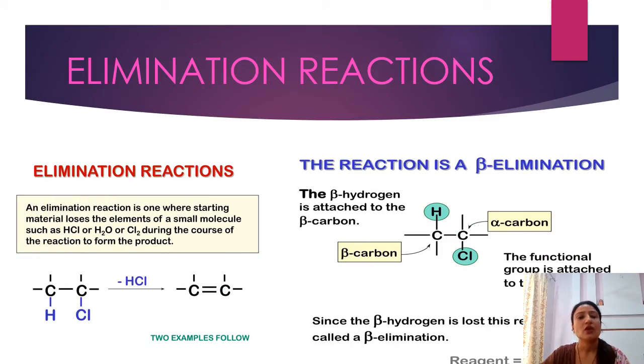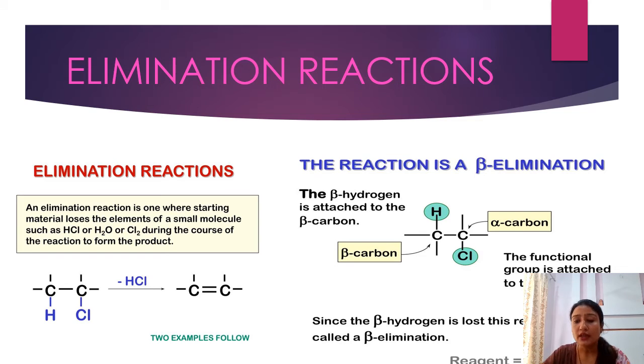Now, we continue with the second type of reactions. These are known as elimination reactions. Elimination reactions are the reactions where the starting material loses the elements of a small molecule such as hydrochloric acid or water or dichlorine during the course of reaction to form the product.